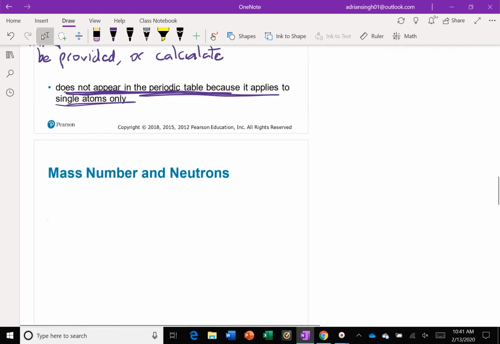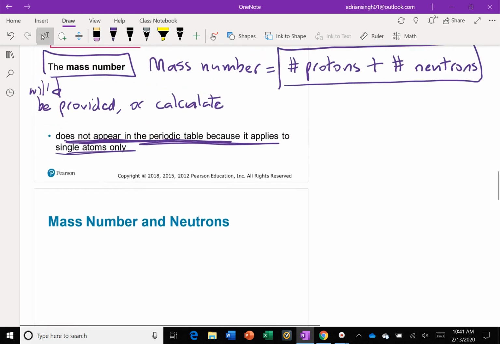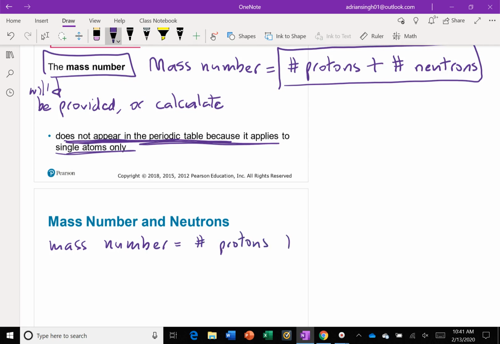So using that, we can do a little bit of math here and figure out how we can calculate the number of neutrons. All right, so the mass number is equal to the number of protons plus the number of neutrons.